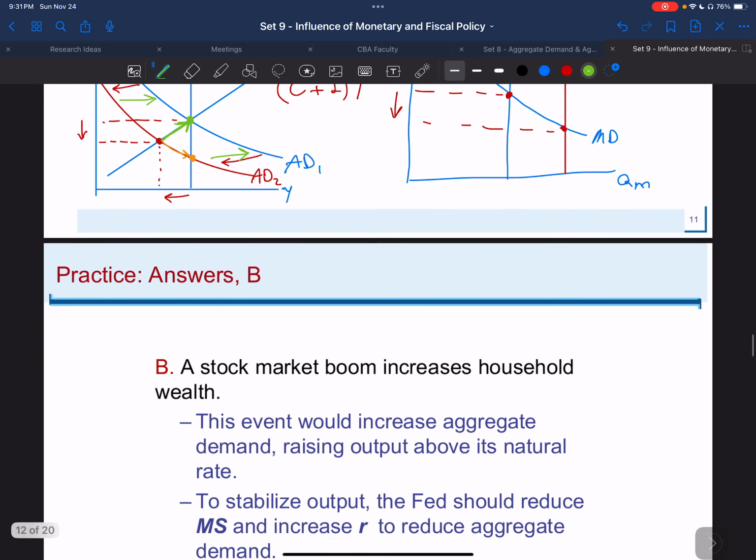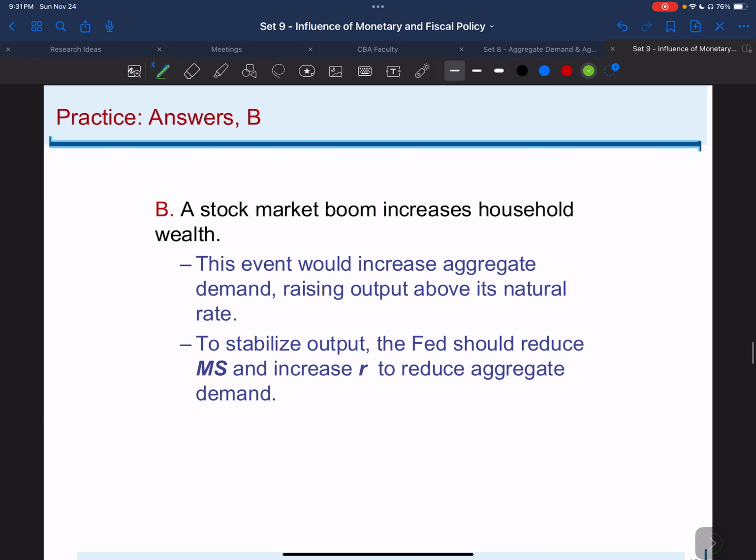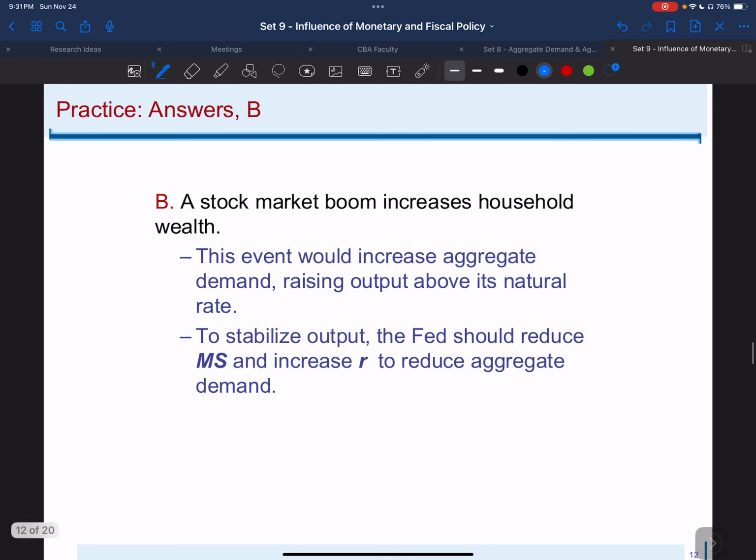Let's look at the second scenario. Stock market boom increases household wealth. All right, let's first look at what happens to the output.